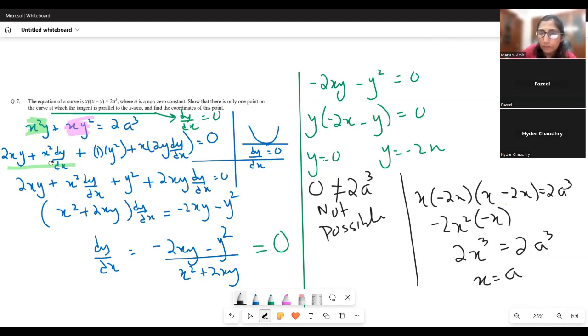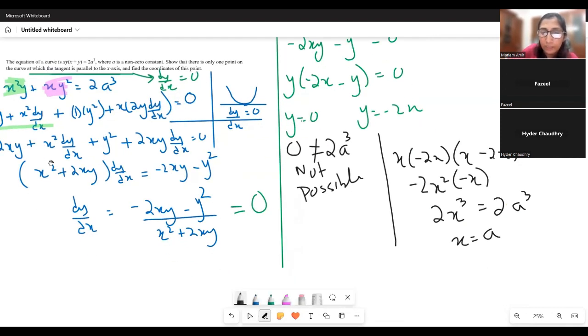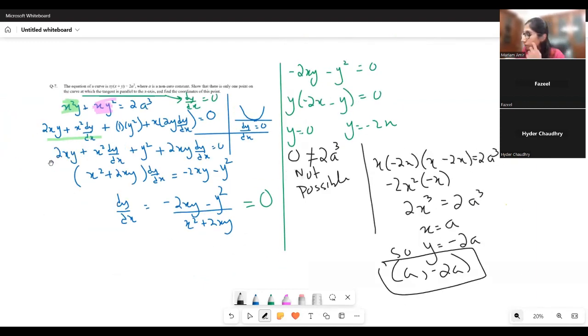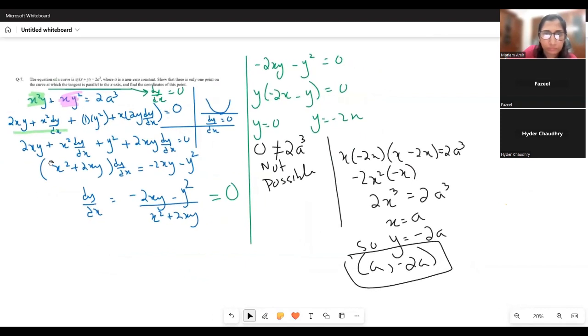So x is equal to a, meaning y equals minus 2a. So the coordinates are a comma minus 2a, where the tangent is parallel to the axis. That's correct. Find the coordinates of this point.